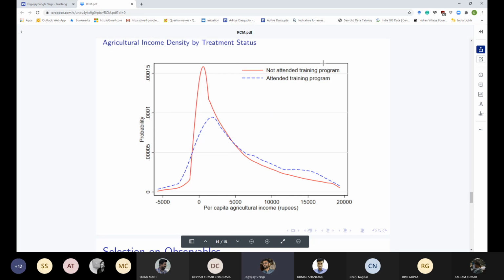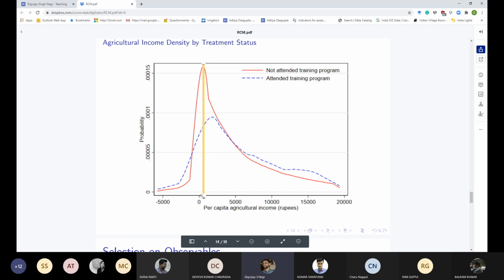The red one, people who didn't attend the training program, their density peaks here. And people who attended the training program, their density has a higher peak at a lower value.